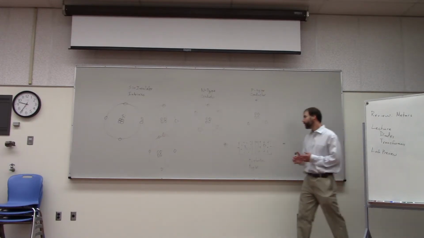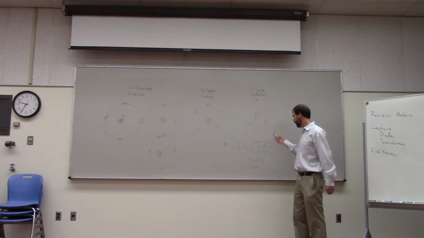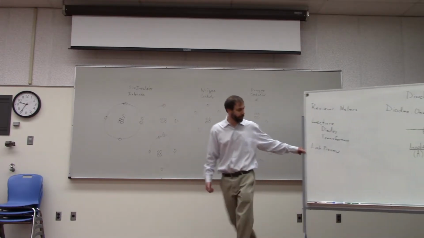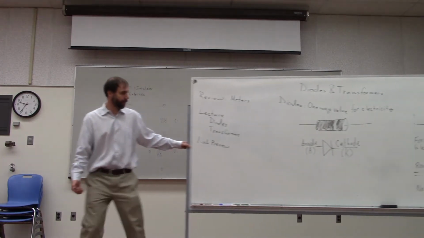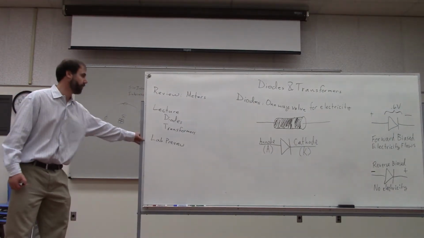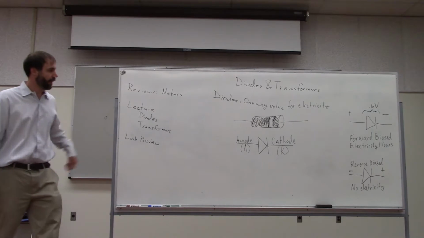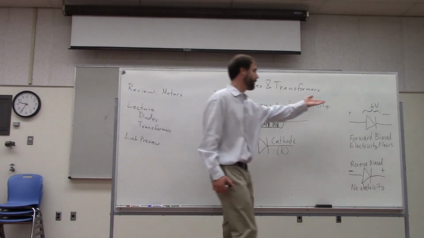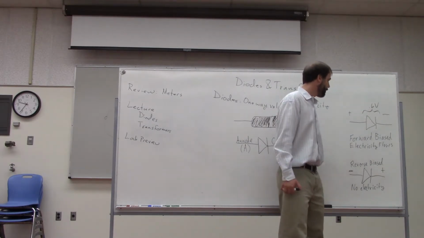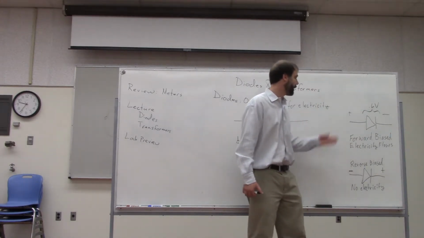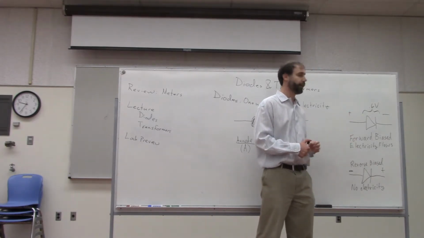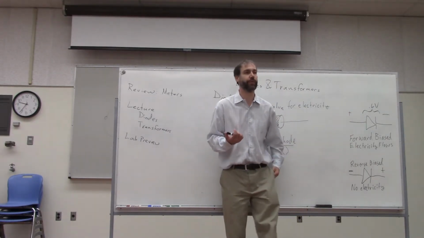Okay. So that's a little bit about how diodes are actually constructed. You don't need to know all of that, but it is interesting, a little sidebar. And that's why you have this 0.6 volt. Incidentally, this 0.6 volts pertains to silicon diodes, which is the type of diode that we use most often.